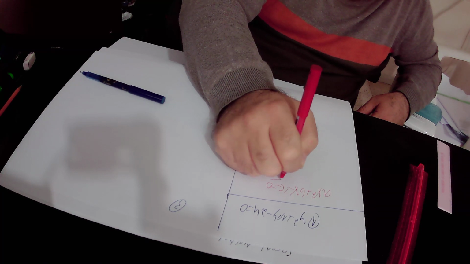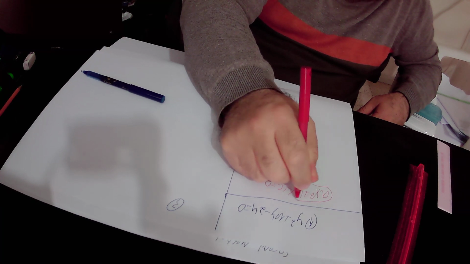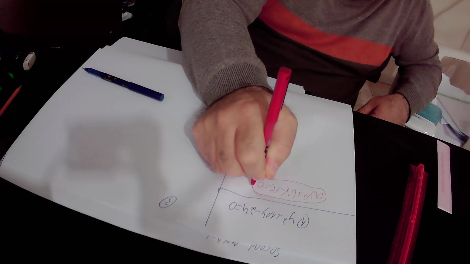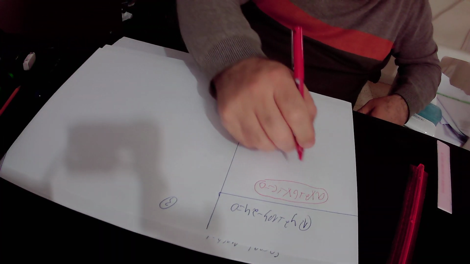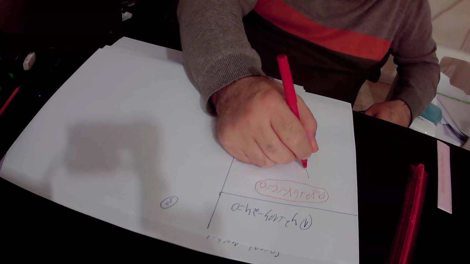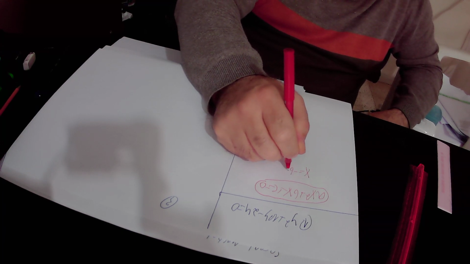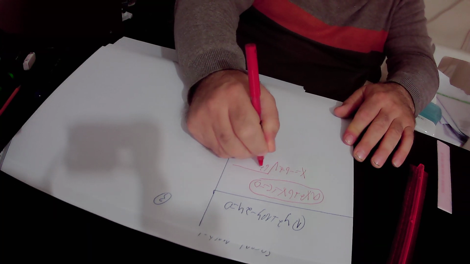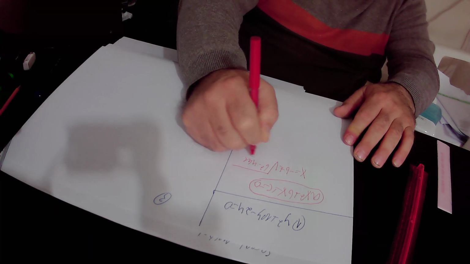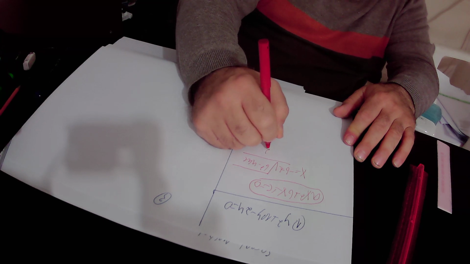Here a, b and c are the coefficients of the quadratic equation and x is the variable that we are looking for. And we find the value of x according to the following formula, that x equals minus b plus minus square root of b squared plus 4 times ac over 2a.